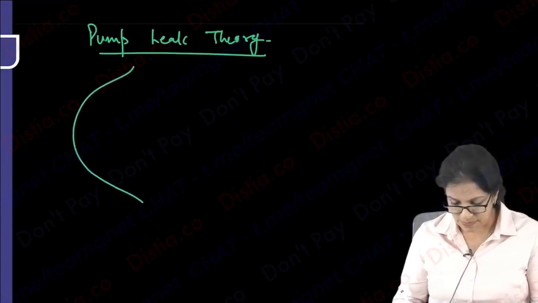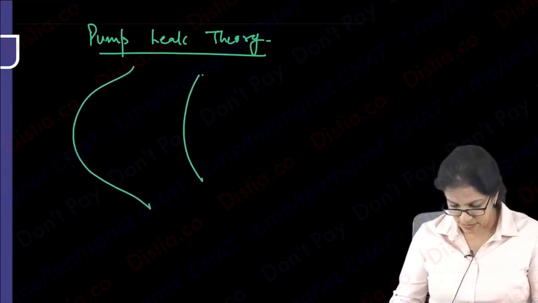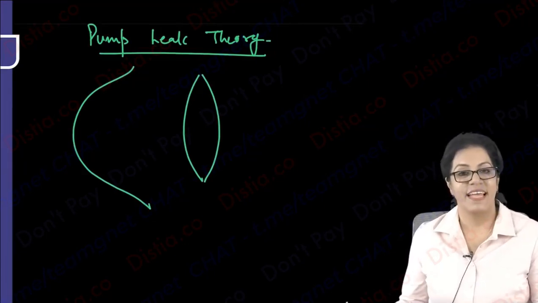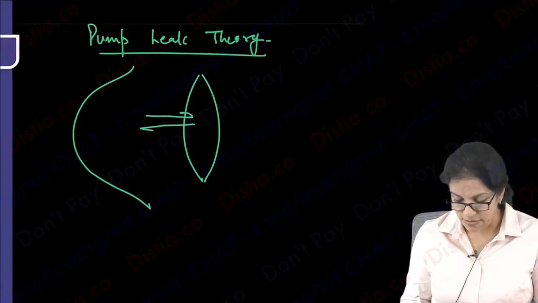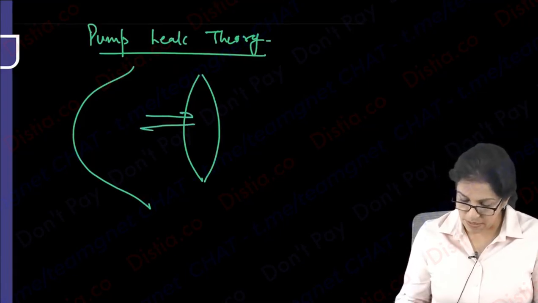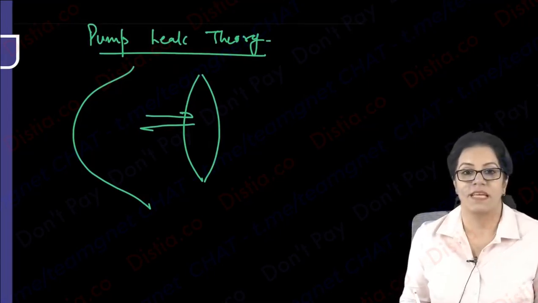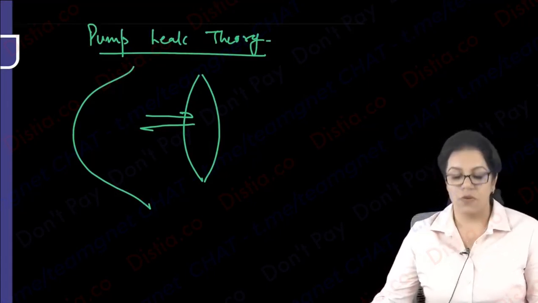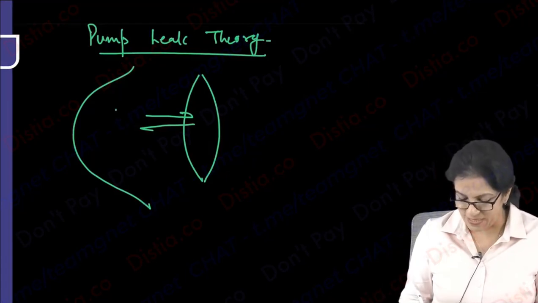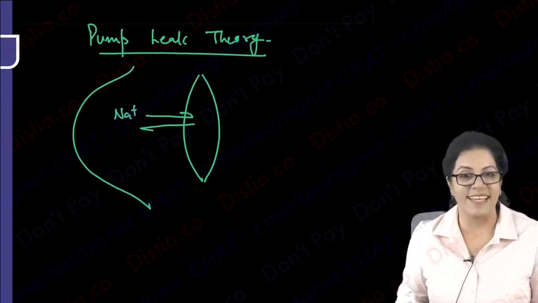Please draw the diagram. This is your lens. This is the anterior segment. Now, at the anterior surface there is a pump mechanism where sodium is pumped. Inside or outside? All of you? The sodium is pumped outside. I don't want water inside.